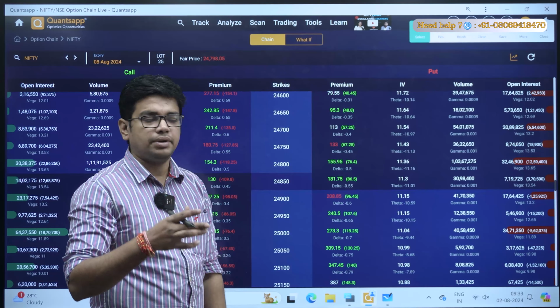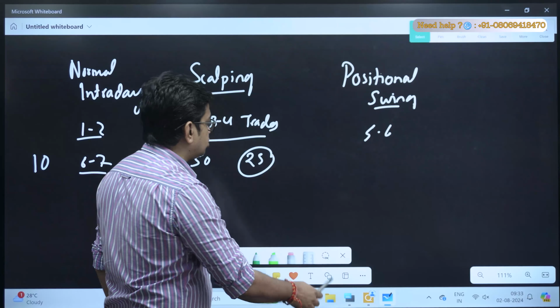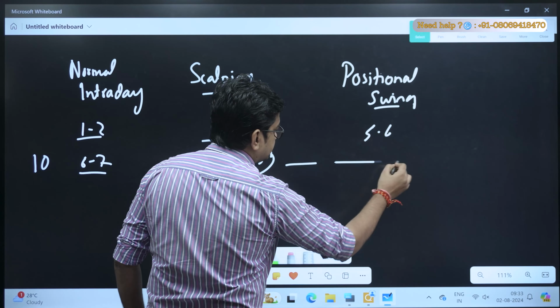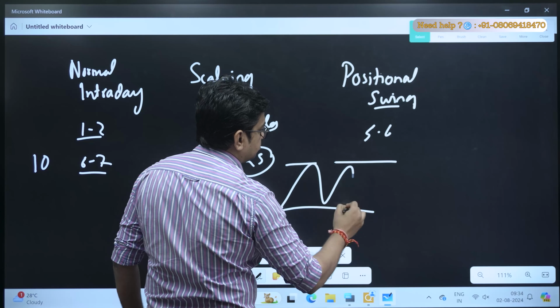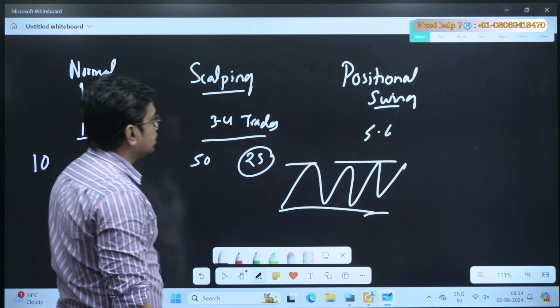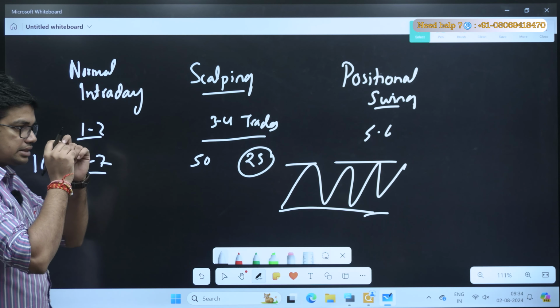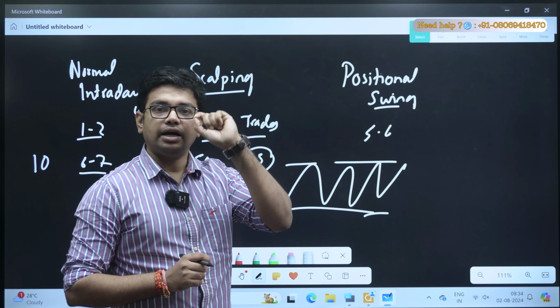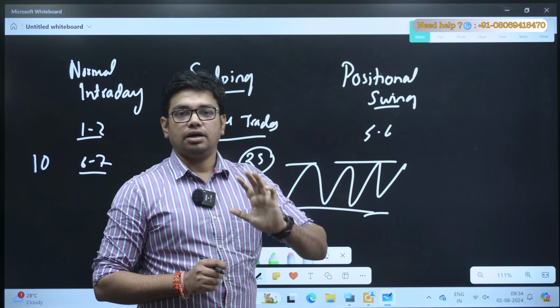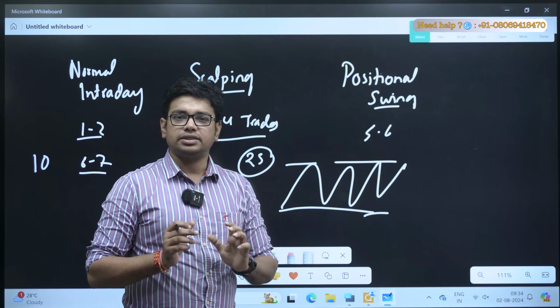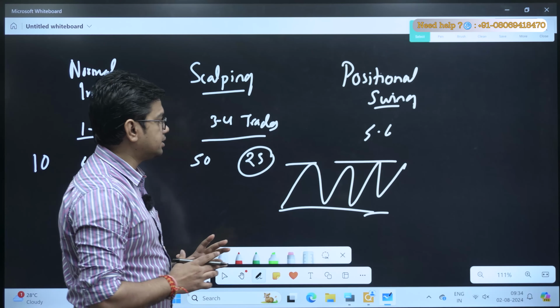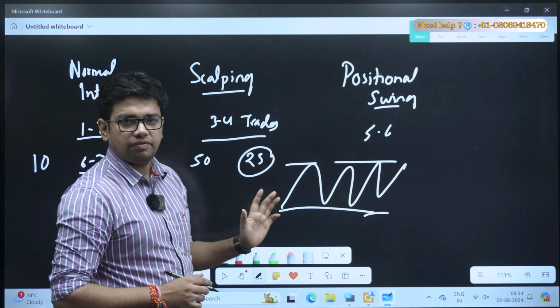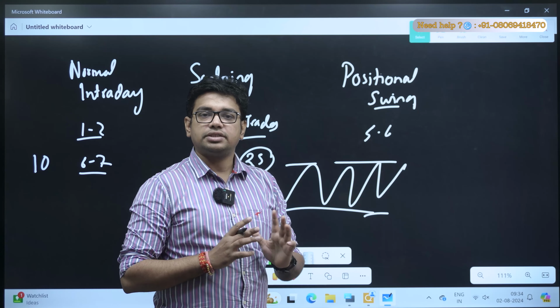Also in a scalping trade, most traders trade in sideways movement, when price is moving like this. So for scalping, slightly above the ATM strike is generally considered safe, and it will be much favorable for the scalpers.